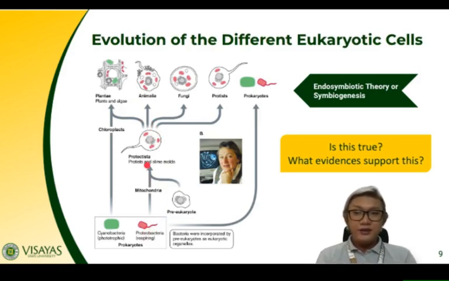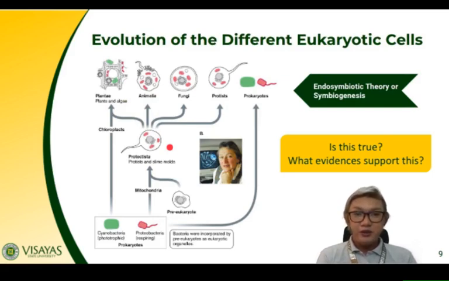Also, the same as the proteobacteria and cyanobacteria, the chloroplast and mitochondrion have their own membranes as well. Okay, and another important evidence is that the mitochondria and chloroplast are capable of replication and reproduction.